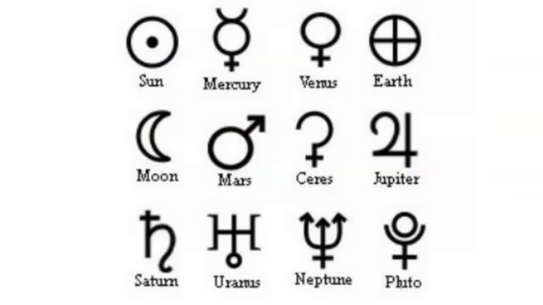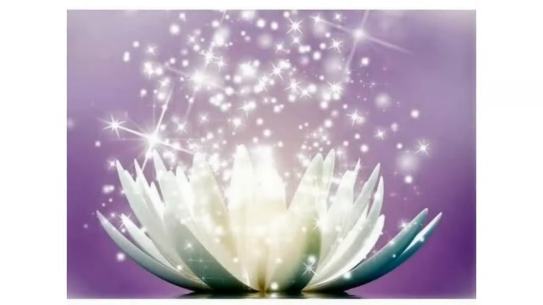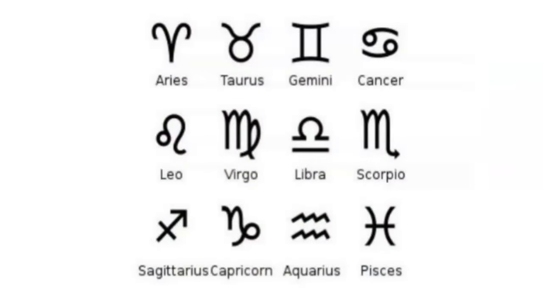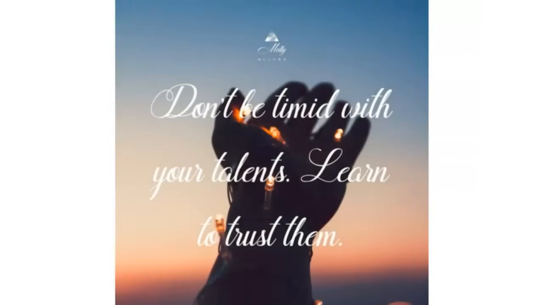So if your sun sign is in 7th, 8th, 9th, 10th, 11th, or 12th houses, which are the houses above the horizon, then you have a day chart. If your sun sign is in the first 6 houses, so if your sun is in the 1st, 2nd, 3rd, 4th, 5th, or 6th houses, then that is considered a night chart.